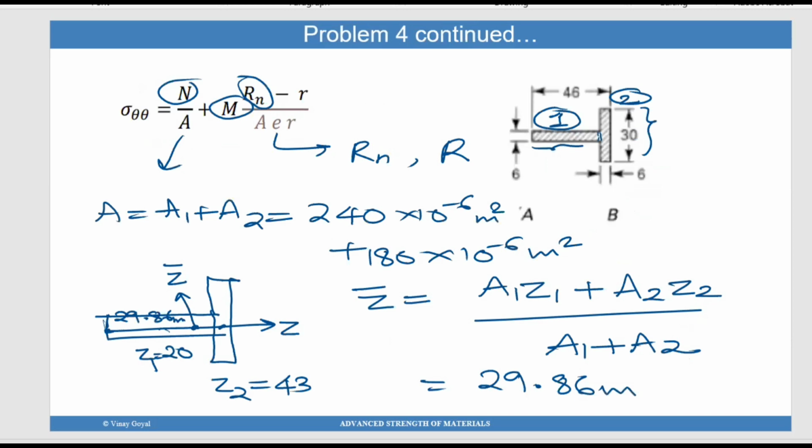So that's step one. I found capital R, and I still need to find Rn, right? I haven't found the neutral axis. So how do you get the neutral axis on this? The way to get the neutral axis is a little similar to how you get the centroidal axis. So let's look at that.